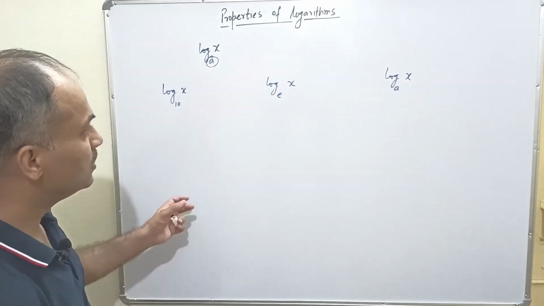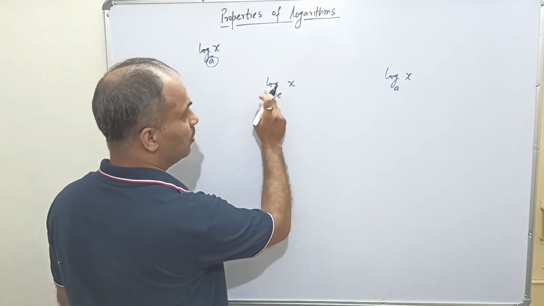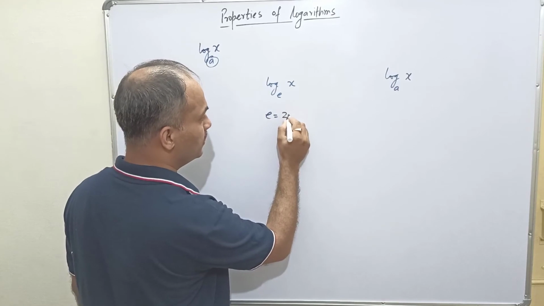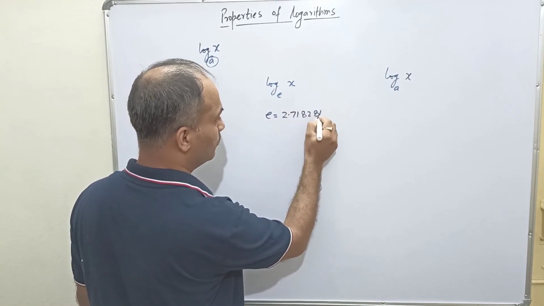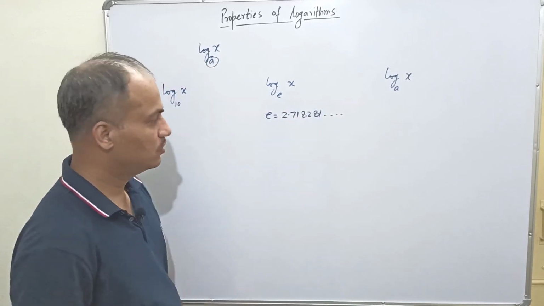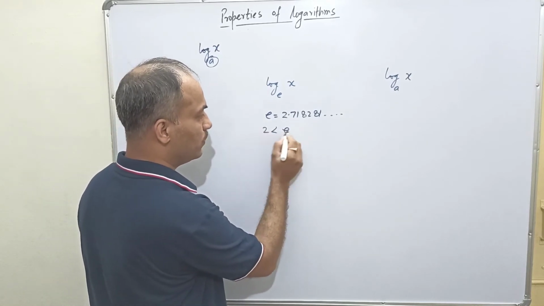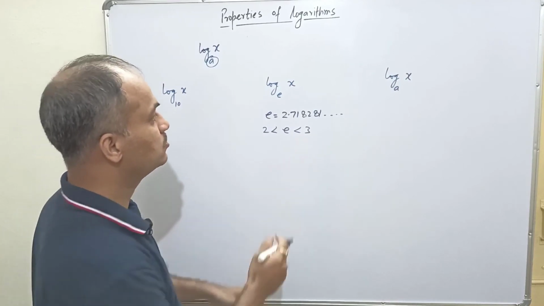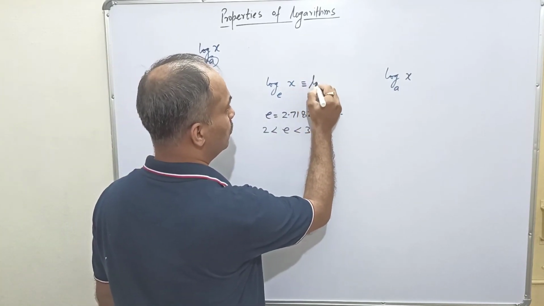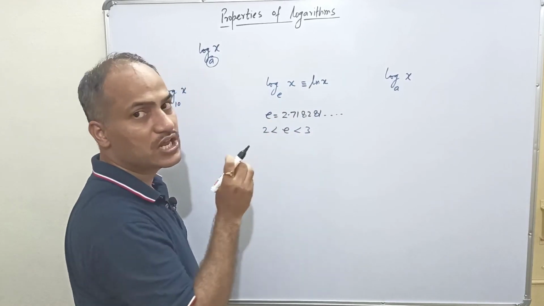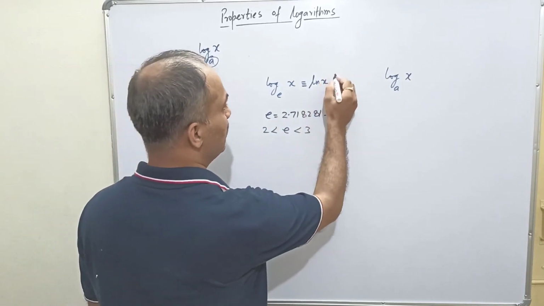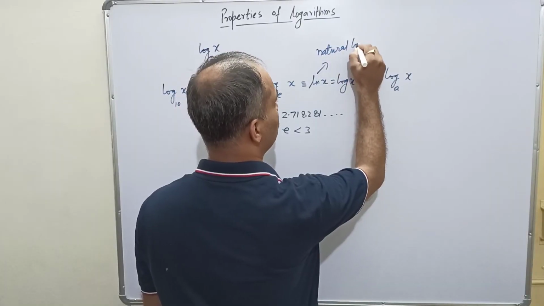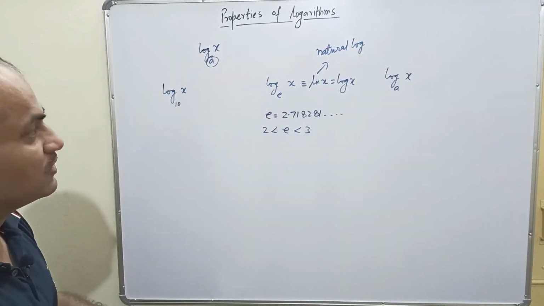Whenever we say log x to the base e, this e is an irrational number which is 2.718281, lying between 2 and 3. Wherever logarithms are defined on base e, they are known as ln x, that is, natural logarithms, and many times we call them simply log x, natural log or natural logarithms. This is one type of base.